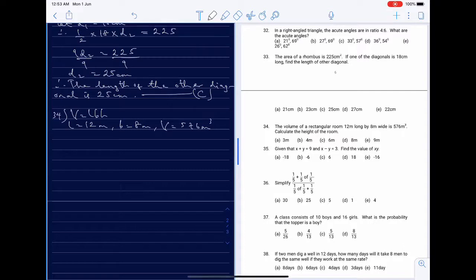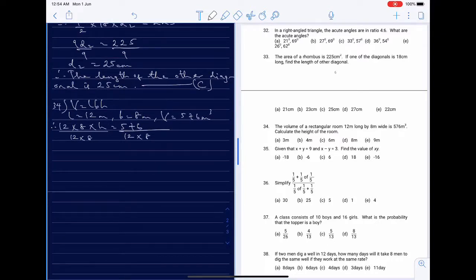So that means 12 times 8 times H is equal to 576. We can divide both sides by 12 times 8, and that means H equals 576 divided by 12 times 8.